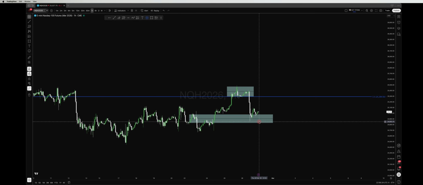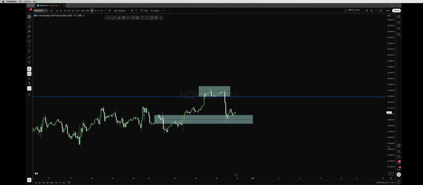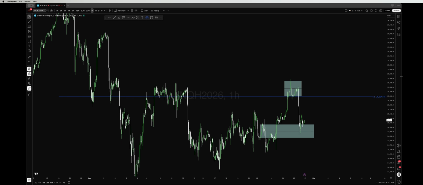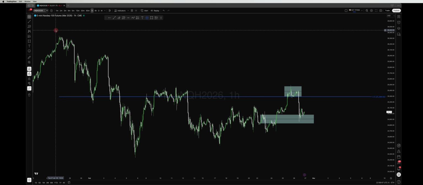Let's say you have a key level over here. This is a price which was in a premium. Now, price is in the discount for a bigger swing. This dealing range, this high and this low. Price is in the discount, right?